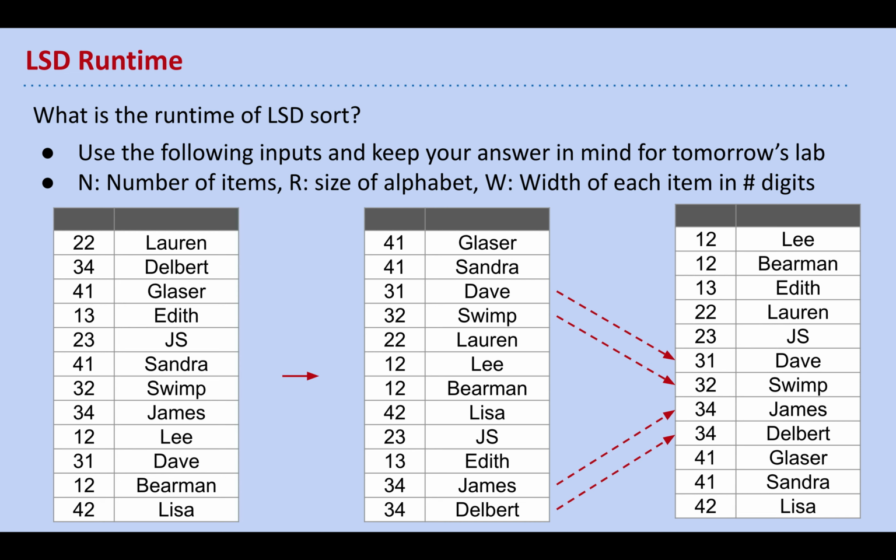Before, when we had just our suits, it was only 4 things, so we only had 4 chunks. What if we have a much larger alphabet, say the English language or something even larger? And then we have to think about the width of each item. As the last question was, what if the lengths are different? Should we use the smallest length, the biggest length, the average length, the total length? We have to think about how long each thing is, how many digits it has. So that's something to think about for tomorrow's lab.